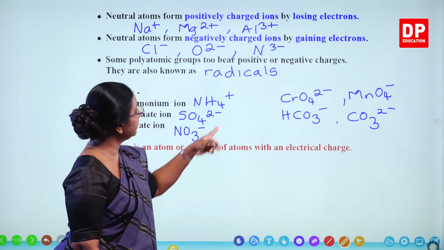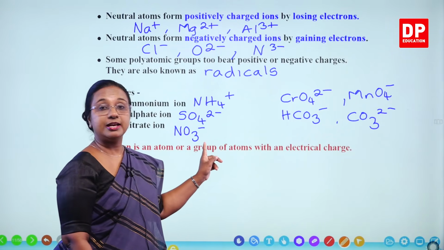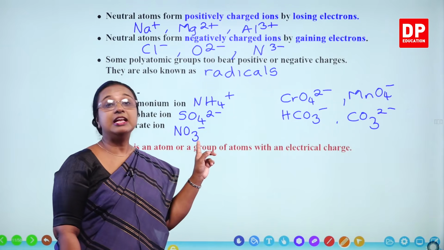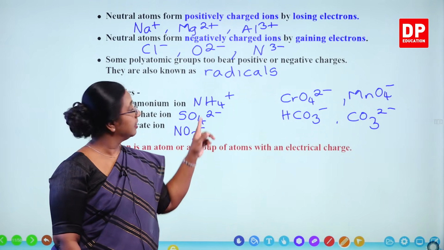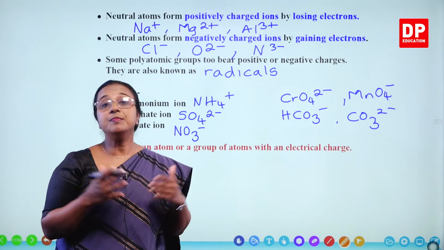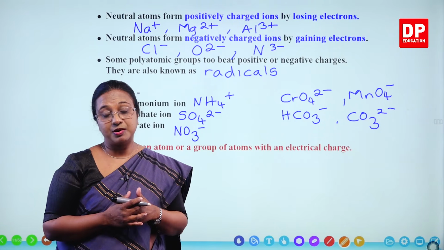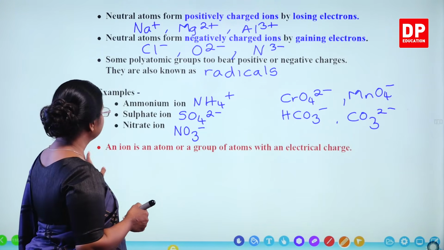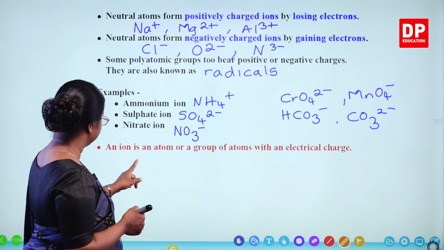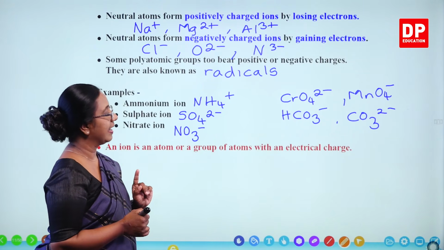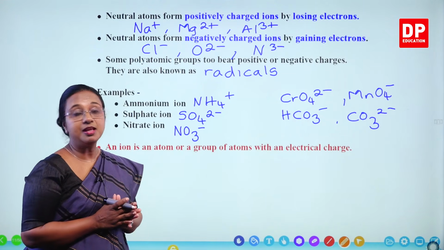And as you can see, they can have positive or negative charges as well as varying numbers of charges. So those ions also combine and form ionic compounds by forming ionic bonds. Now we will see what an ion is. An ion is an atom or a group of atoms with an electrical charge.